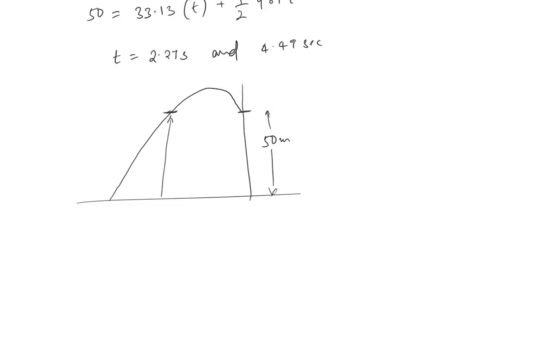So it reaches 50 meters the first time at 2.27 seconds, that's when it is here. And then at 4.49 seconds, it is here. This is the time we need, because that is the time it takes to also cover 20 meters.